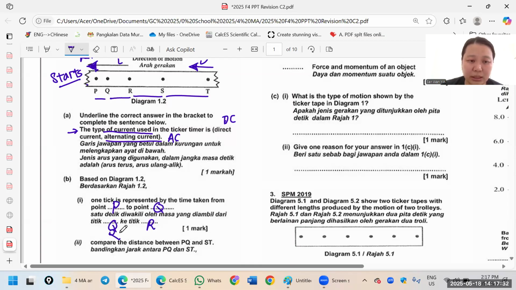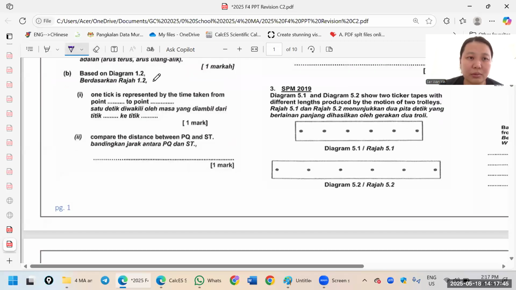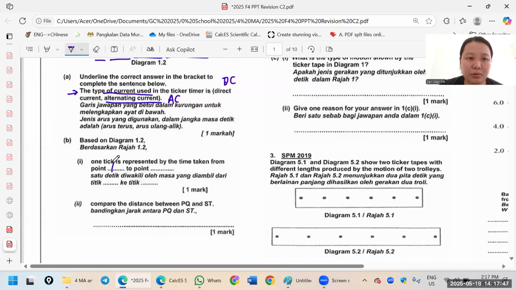Can R to S? Can S to T? Can. Okay, one tick means the space in between two ticks. So now point P to Q. Then compare the distance between PQ and ST.